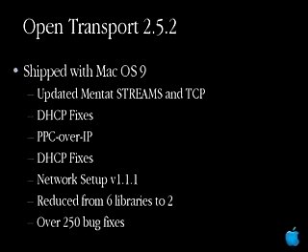One of the big changes that we made there was that finally, after having been out for several years, we upgraded our core STREAMS and TCP implementations. The STREAMS and TCP that had been in Open Transport prior to OS 9 actually dated all the way back to the original version of Open Transport.